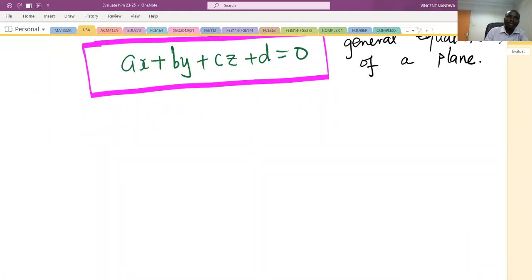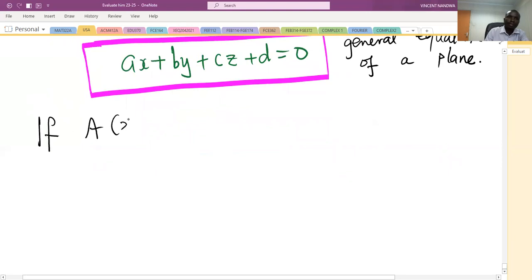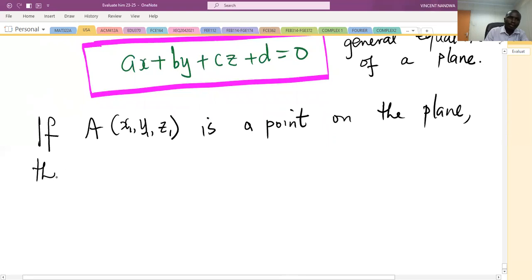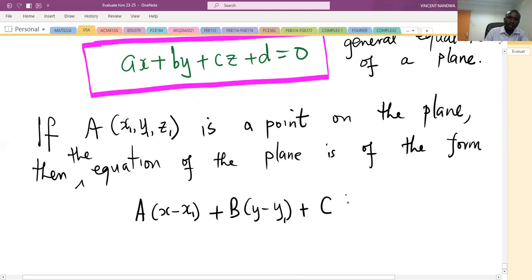More specifically, if you identify a point on the plane, then if A with coordinates x1, y1, z1 is a point on the plane, then the equation of the plane is of the form A into (x minus x1) plus B into (y minus y1) plus C into (z minus z1) equals 0.